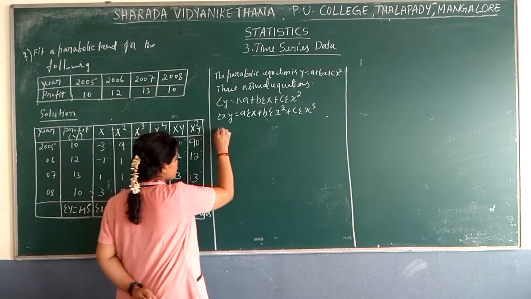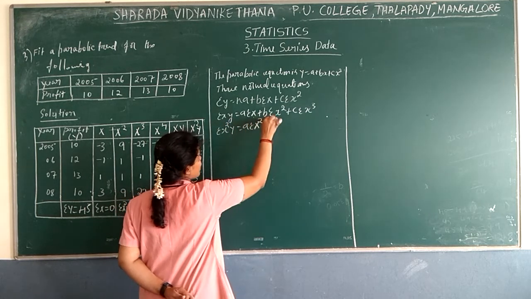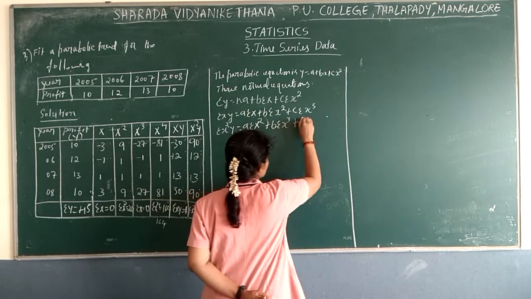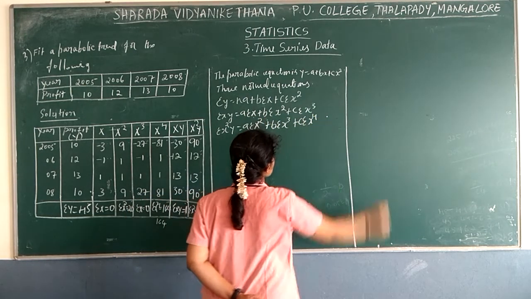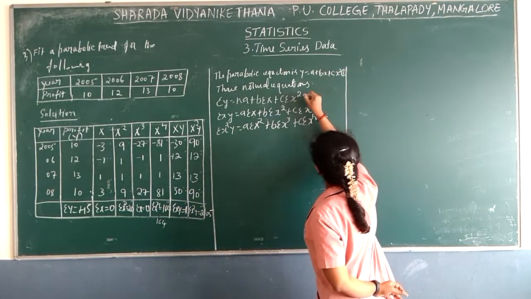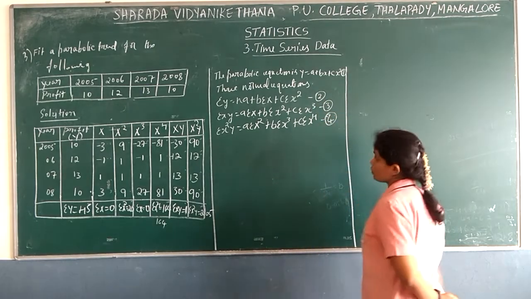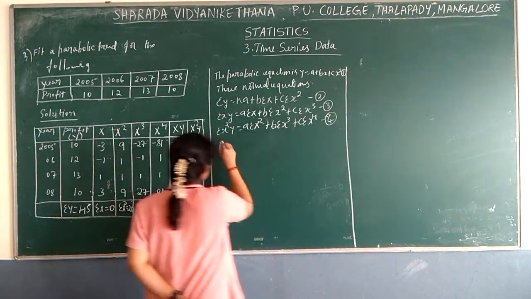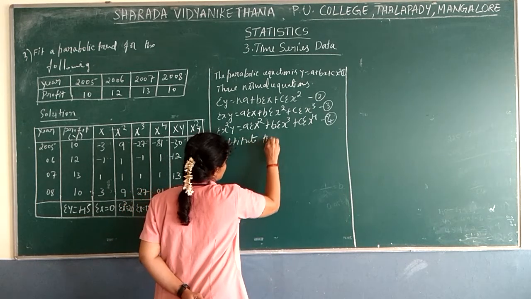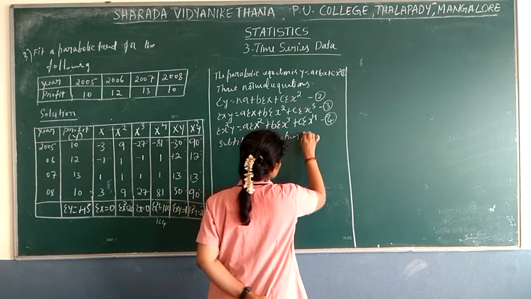Next, sigma x square y is equal to A sigma x square plus B sigma x cube plus C sigma x to the power 4. Now this is the first equation, second, third. Substitute the values in the equations.